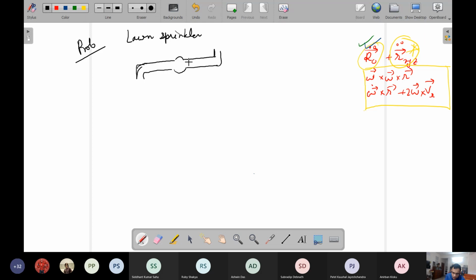This is rotating about a pivot like this, and it is rotating in a horizontal plane. It is not in a vertical plane, it is rotating in a horizontal plane.